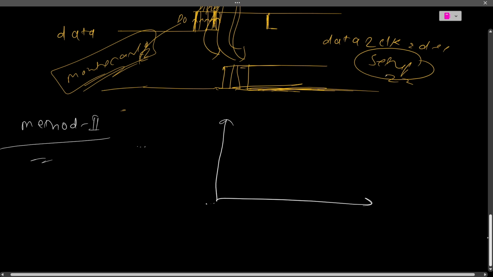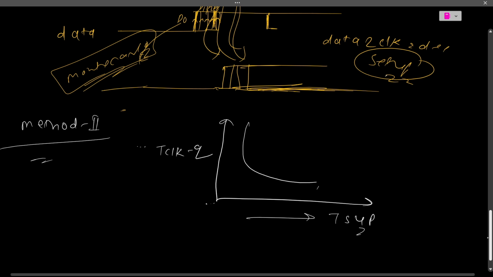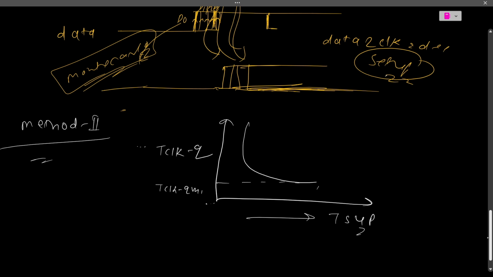So basically what we are doing is, this is our T setup window and this is our T clock to Q. When we are increasing our setup, the clock to Q is minimum. Okay, so this is T clock to Q minimum. But as we are decreasing the setup time, setup time is nothing but data to clock.